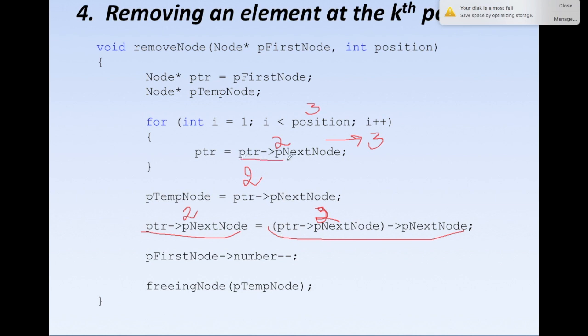We all agreed this is the address part, the pointer part of node 2, which is pointing to 3, correct. So 3.p_next_node. You understand it? This is the pointer in node 2, which is pointing to 3.